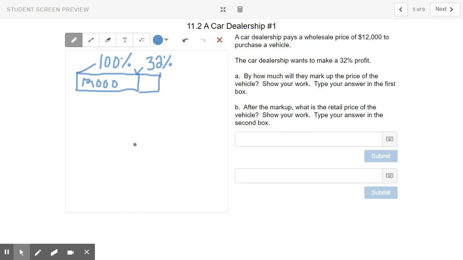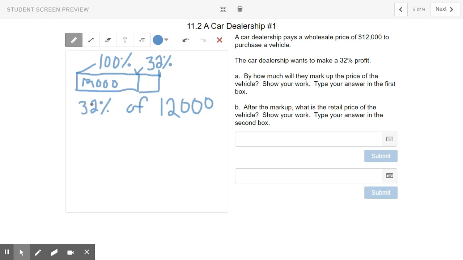All right. So to figure out this amount, we know that it's 32%. And it's 32% of the original amount of $12,000. So if we want to know how much this 32% is, we're going to have to solve this.